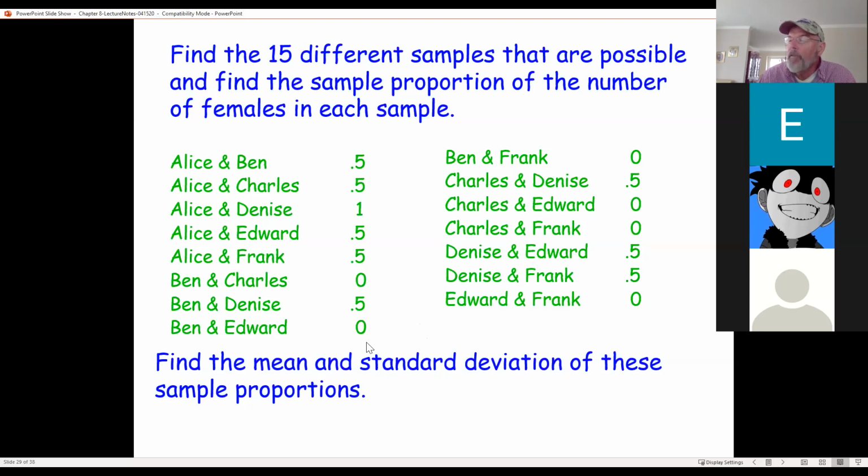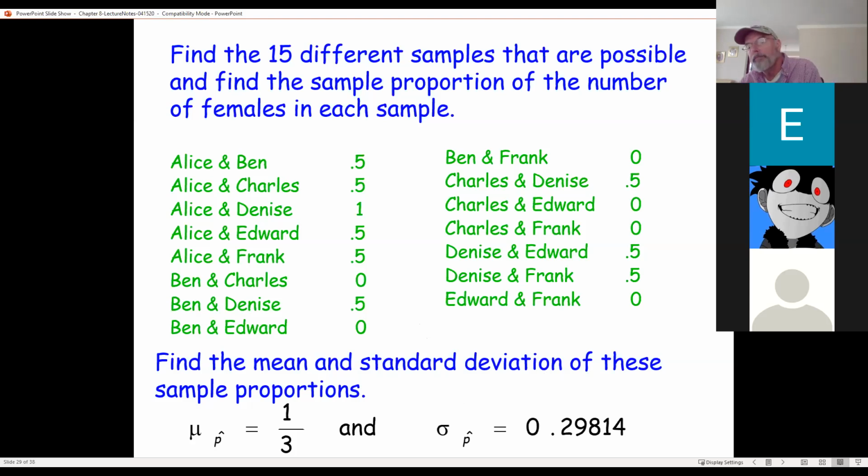You would do the same thing with the standard deviation, and that's how you would get these values. So the mu sub p hat is 1/3, and the standard deviation of the proportions is 0.298.